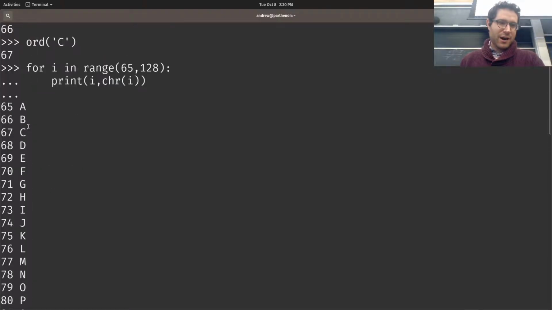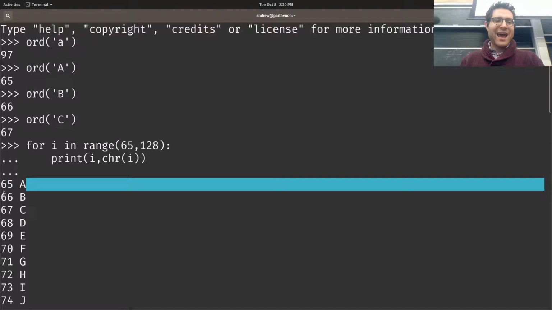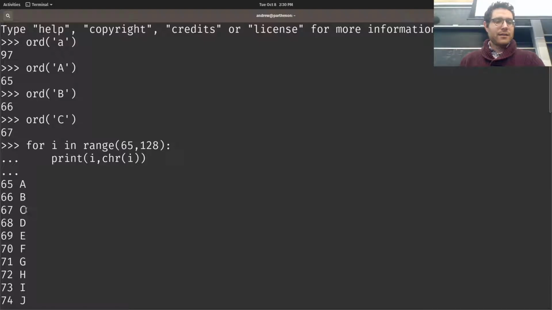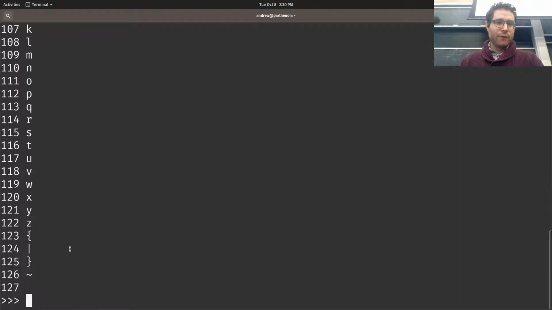So if we look at this chart, 65 becomes A, 66 is B. So if I were to choose D, ord of D gives me 68. If I were to do ord of the caret symbol, I'd get 94.